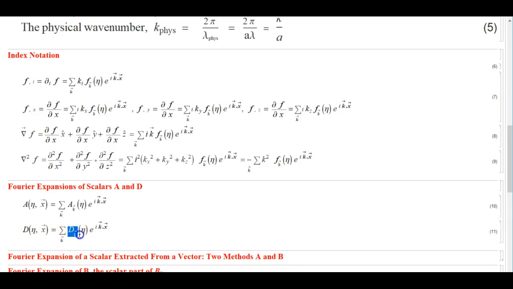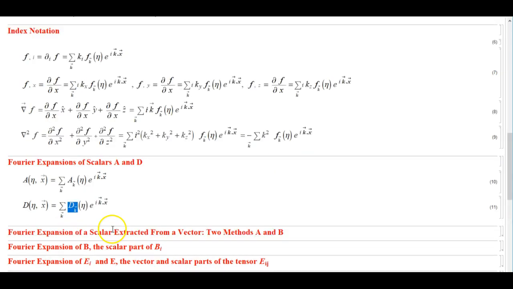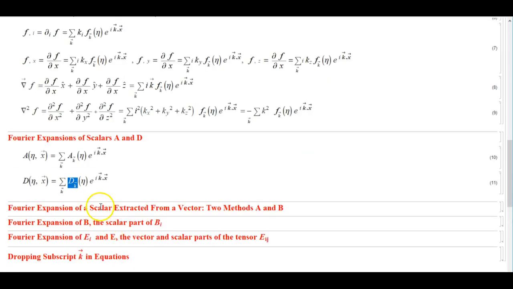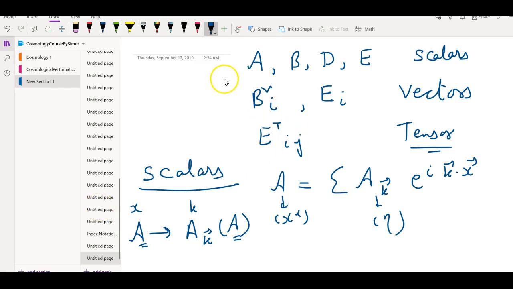In the equations, replace D with D_k, and since we don't need the subscript k, simply replace D with D. So that applies to A and D.